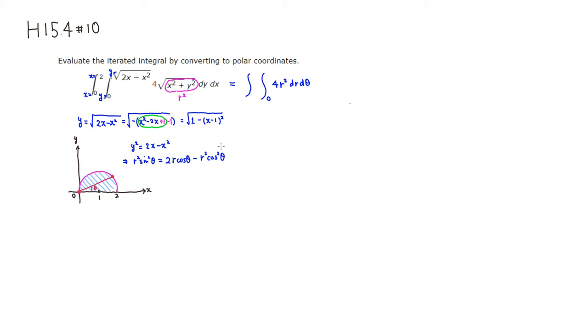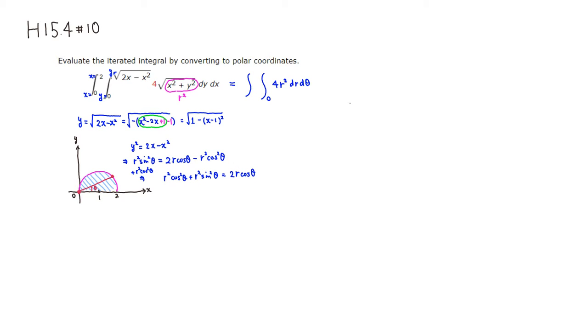Then I'm going to move this term over to the other side, so I'm going to add r squared cosine squared of theta. So we get r squared cosine squared of theta plus r squared sine squared of theta, which is equal to 2r cosine of theta.